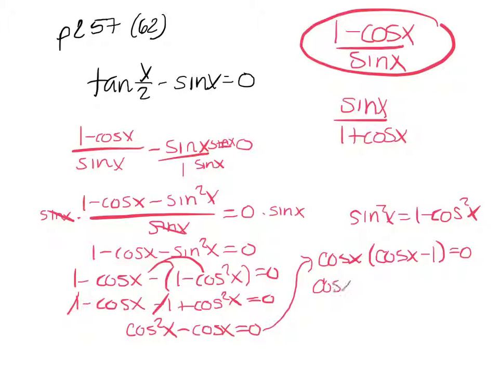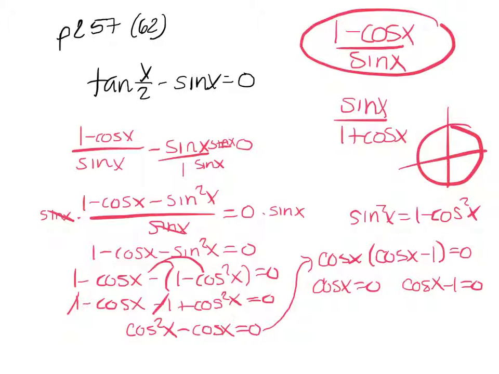Take each one, set it equal to 0. Cosine x equals 0 at pi over 2 and 3 pi over 2. And then here it's saying cosine of x equals 1, and that happens at 0.